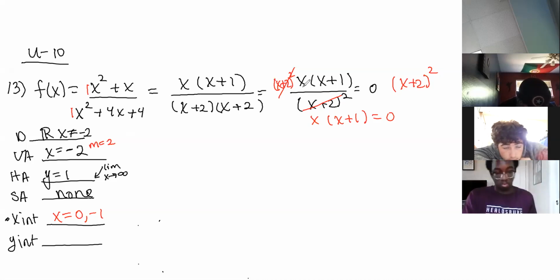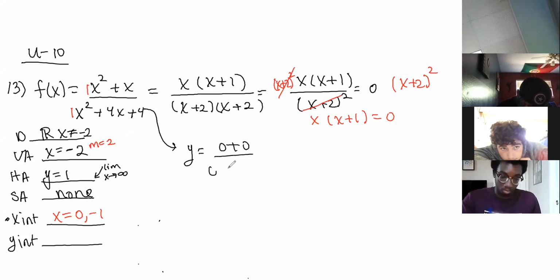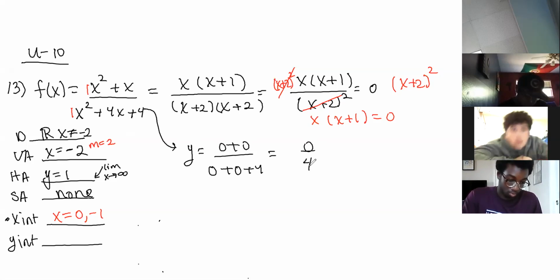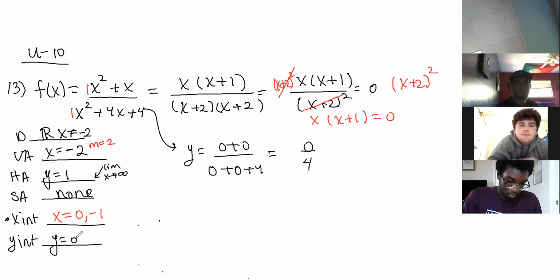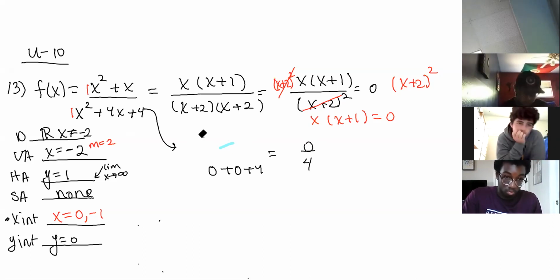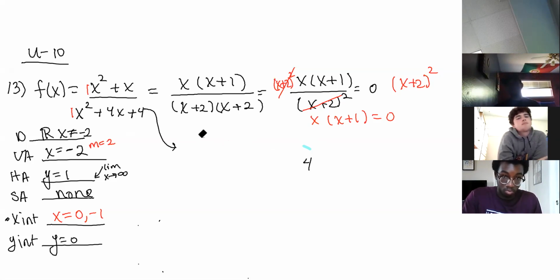I'm going to erase some of this in a little bit, so I'm just going to put the note here. y equals 0 plus 0 over 0 plus 0 plus 4. What do we end up with? 0. All right, I am going to erase this here so I have some space to show work.